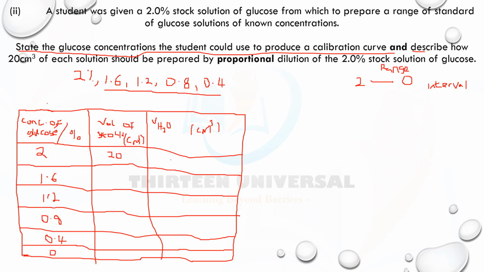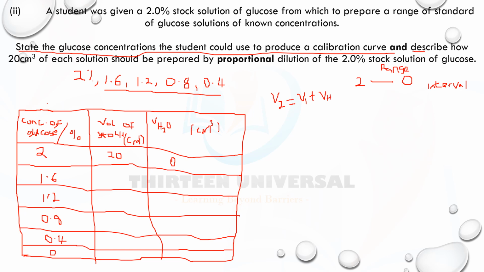Now, of course, each solution will be 20 cm cube. I'm not adding water because it's my stock. So from that, remember that has given me the final volume. V2 is always V1, the volume of the stock solution you're diluting, plus volume of water.